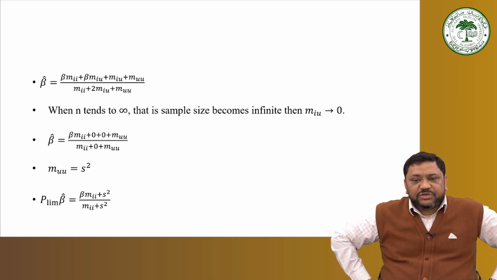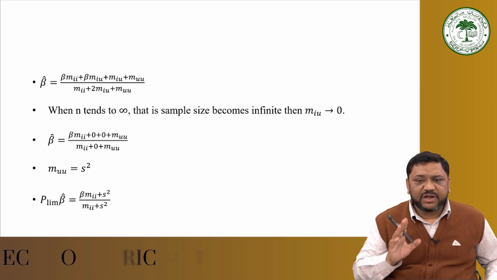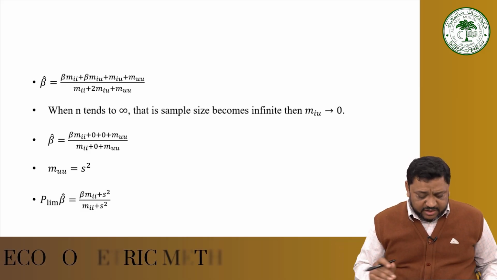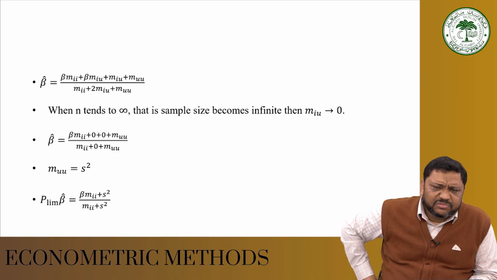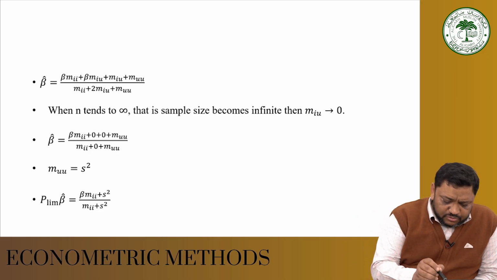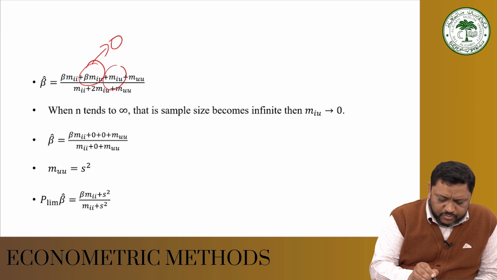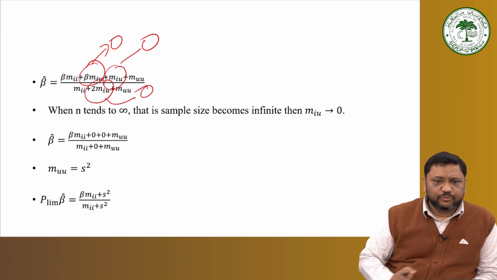Now, see, I is an exogenous variable, so there will be no correlation between I, that is your investment, and the disturbance term. And when n tends to infinity, that is the sample size becomes huge and large, miu is equal to 0. So these terms are 0.